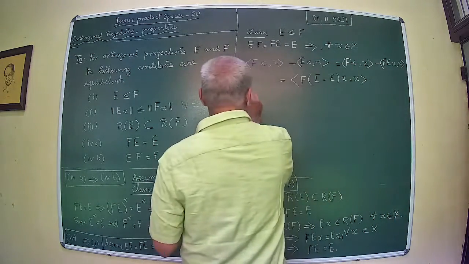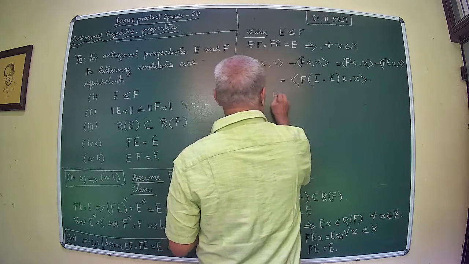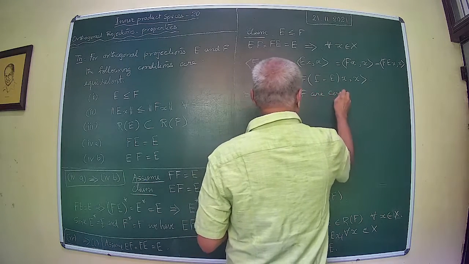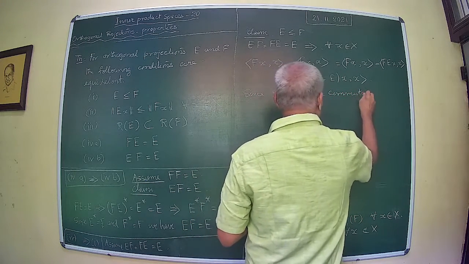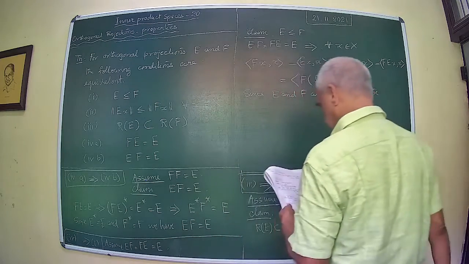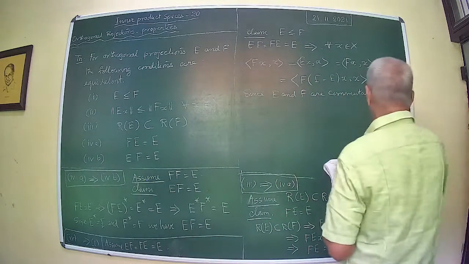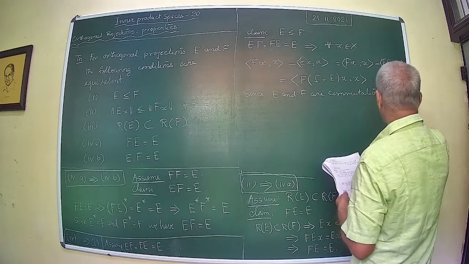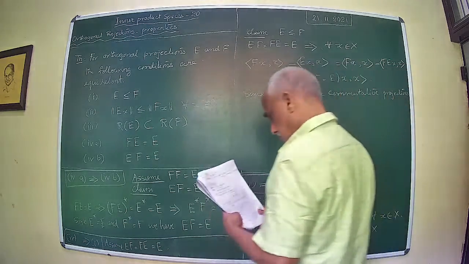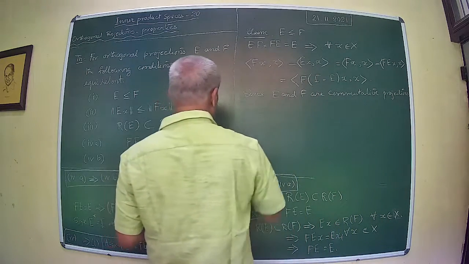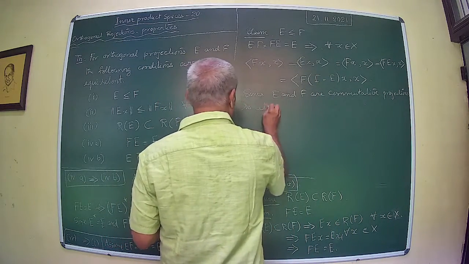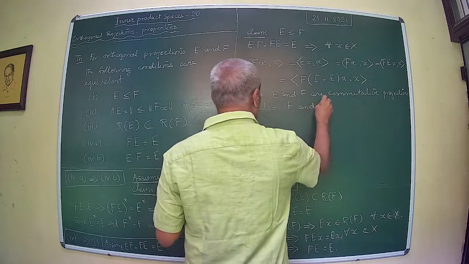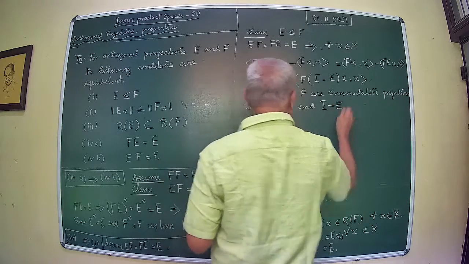Since E and F are commutative projections, so also E and F and I minus E, they commute with each other.